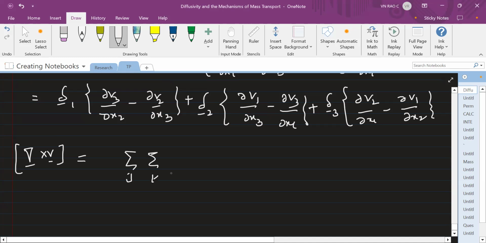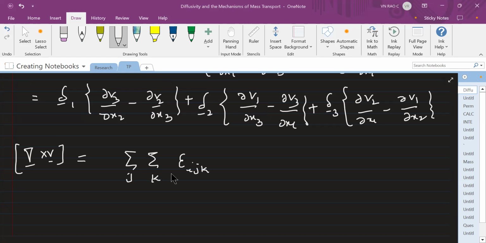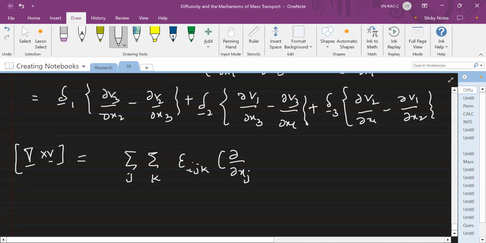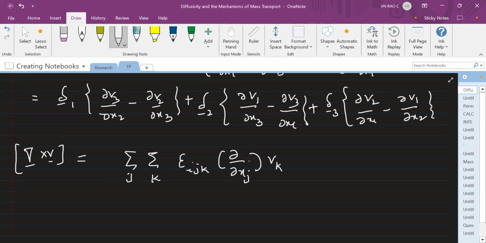This can be generalized and written in the form of sigma j, sigma k, epsilon i j k, dou by dou x j. This is the ith component.